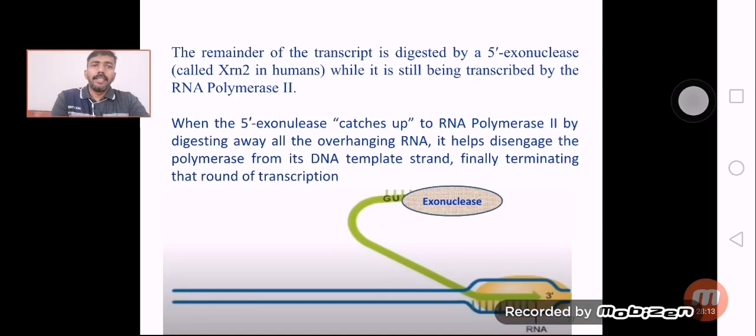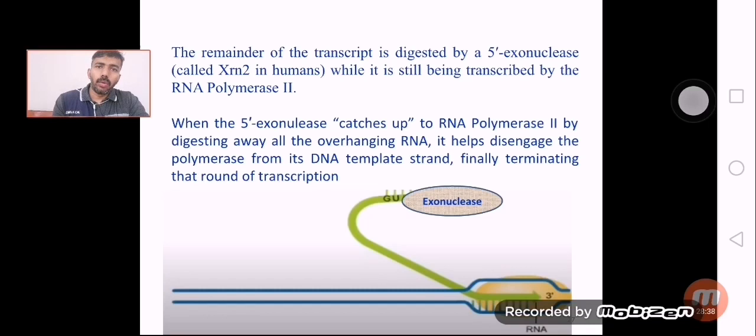right? Then the remainder of the transcript. Once it is cut, this segment will remain on the template, right? And even at that time, the transcription is going on downstream of that RNA molecule. The remainder of the transcript is digested by an exonuclease enzyme, right?